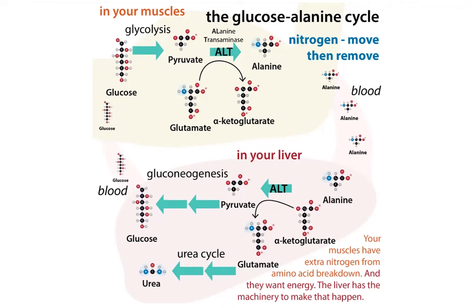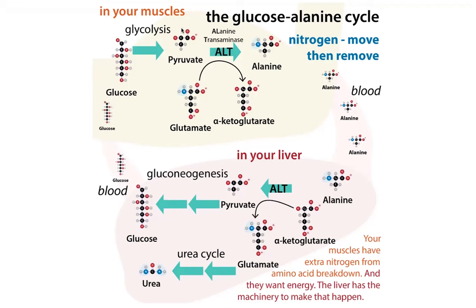And not only do they want to get the amino group to the liver, but they also want to get stuff back in return. Because the way they're shipping that amino group to the liver is in the form of alanine. They're taking the pyruvate that they get from glycolysis, and they're transferring an amino group from glutamate, which remember they could get from basically any amino acid onto glutamate, and then alanine transaminase can put that amino group from glutamate onto pyruvate to give you alanine that they can ship out.